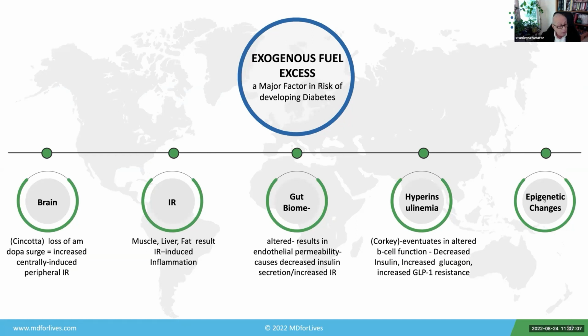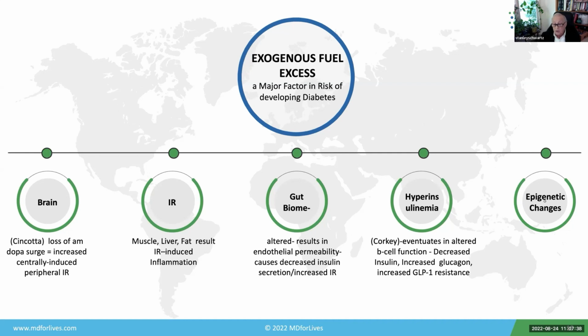The loss of the suprachiasmatic nucleus increases centrally induced peripheral insulin resistance, and I'll show you a slide in that regard. Exogenous fuel excess causes insulin resistance and affects the gut biome, which alters endothelial permeability in the gut, causes increased insulin resistance, and adversely affects insulin secretion.